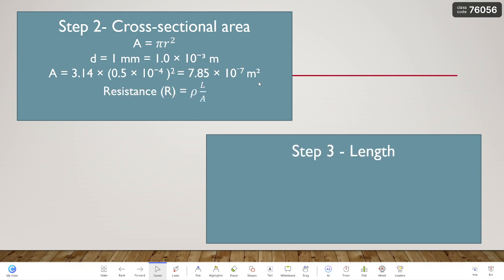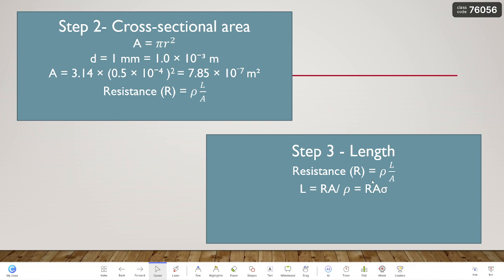Now we will use the basic resistance formula, which I have already introduced in my previous video, to find the length. Let's simplify it for the length. We know resistivity is the inverse of conductivity, so we have simplified it here.